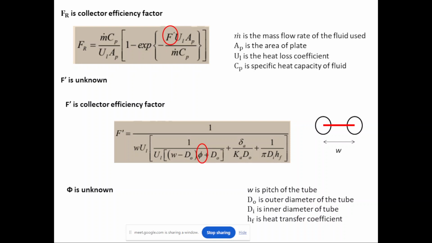UL is your heat loss coefficient, as I said, which accounts for the heat loss. Cp is the specific heat capacity of the fluid, which will be known to you. Majority of the time we use water.